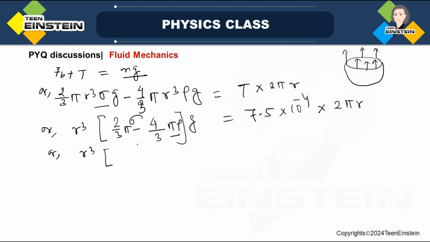So what we get here is this 4 by 3 by 2. So this is actually becoming 2 sigma.